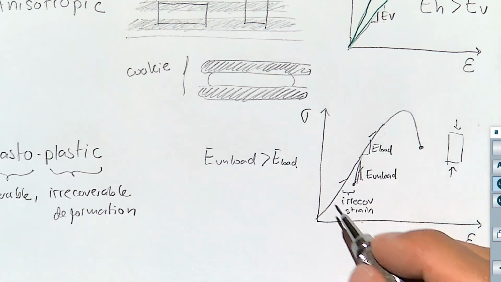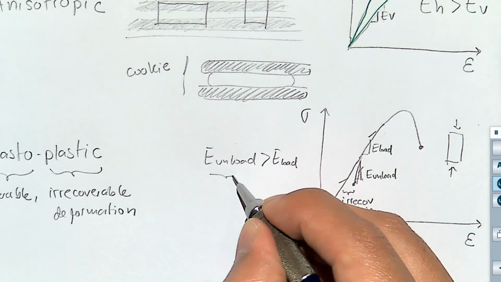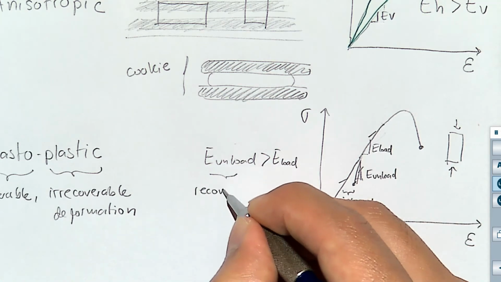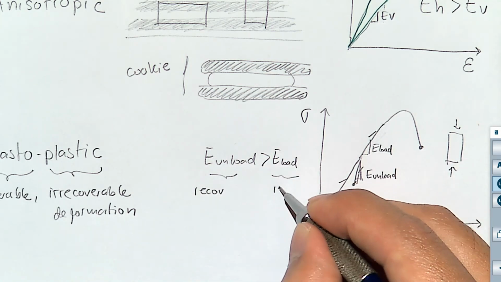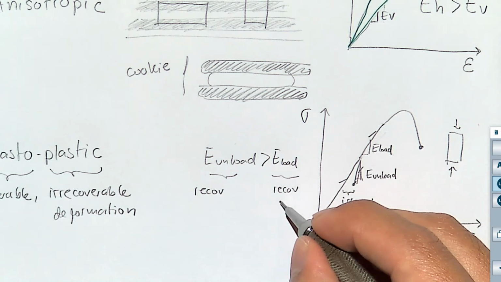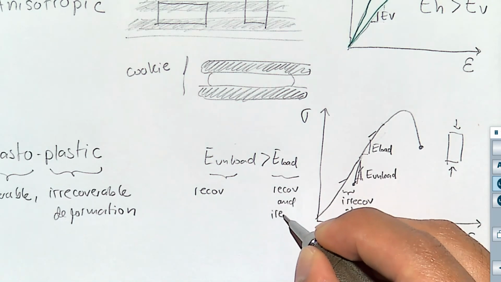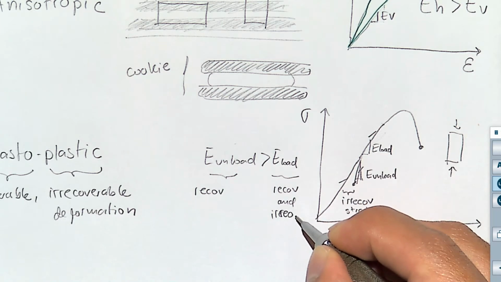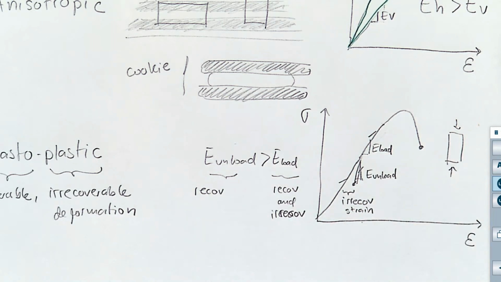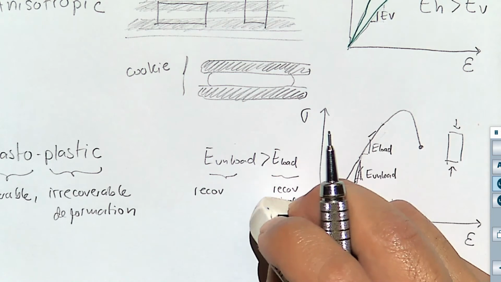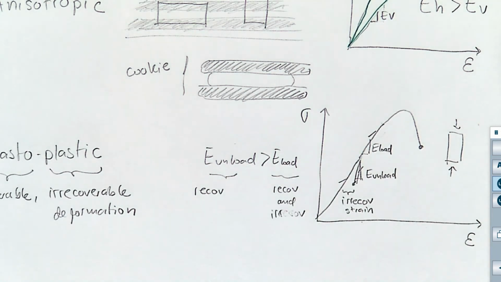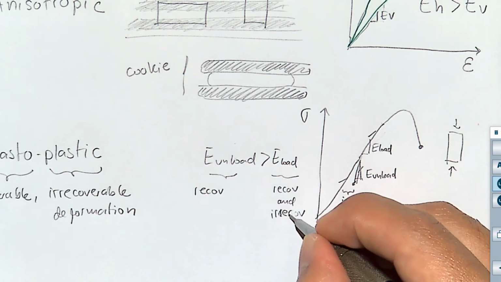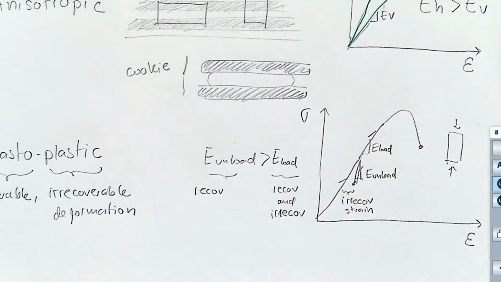The loading modulus has both recoverable and irrecoverable strain, and the unloading modulus just has the recoverable strain part. And because when we measure the loading modulus, we have both, the material tends to look softer.